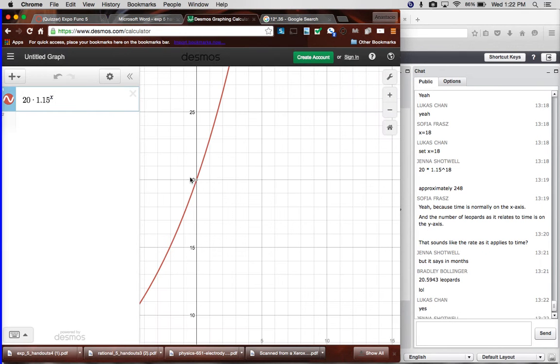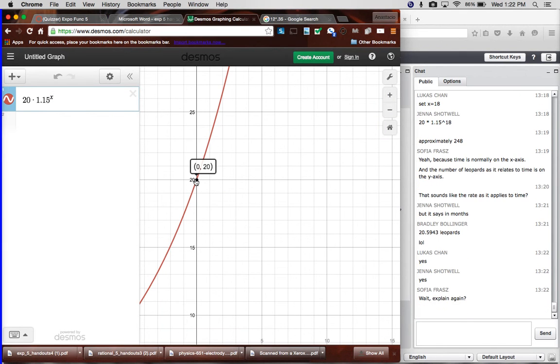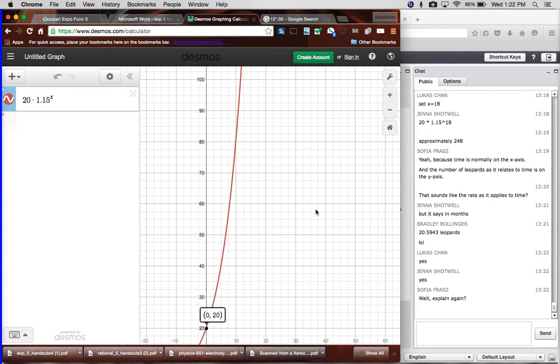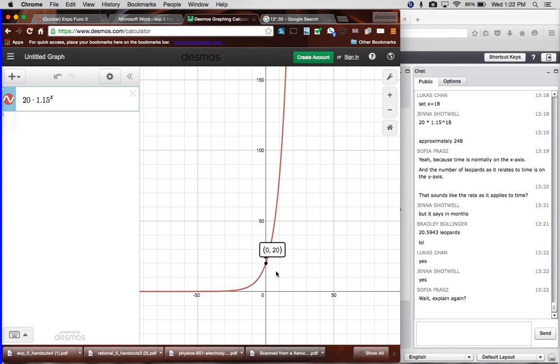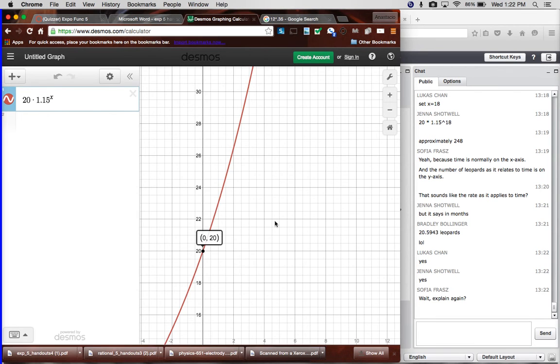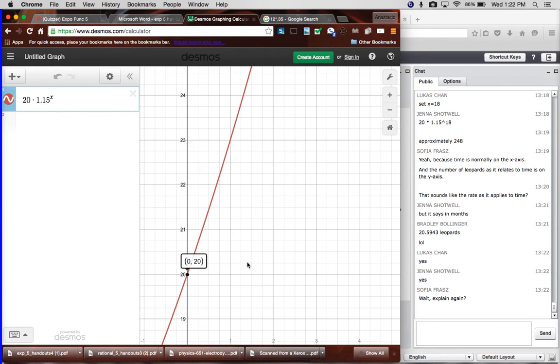So what I did was I graphed it. And here's the graph. It looks like an exponential growth graph, okay? And then I said, I want to go from having 20 leopards to 21 leopards. So look at the time. The time goes from 0 to about 0.345.